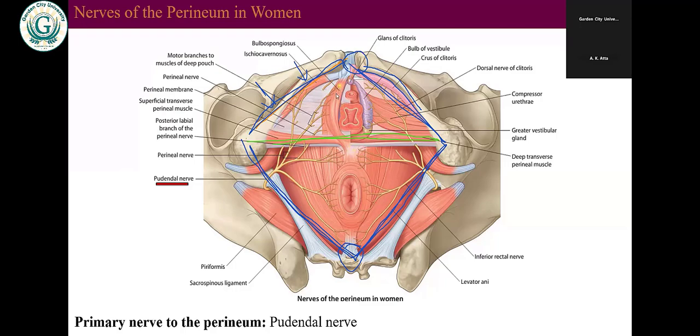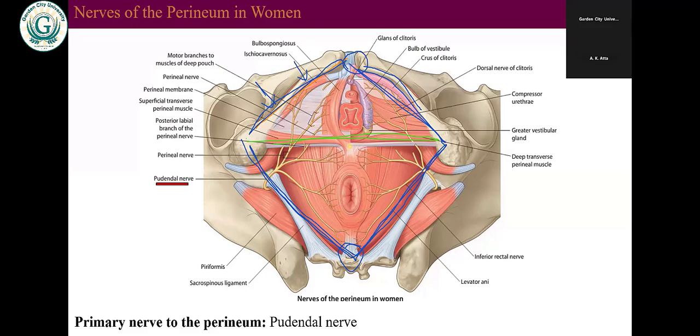You have the bulbospongiosus muscle inserting on the perineal body. Then these transverse perineal muscles, both the superficial and the deep one, all inserting on this perineal body. So the perineal body is very, very important, providing support to these important muscles.